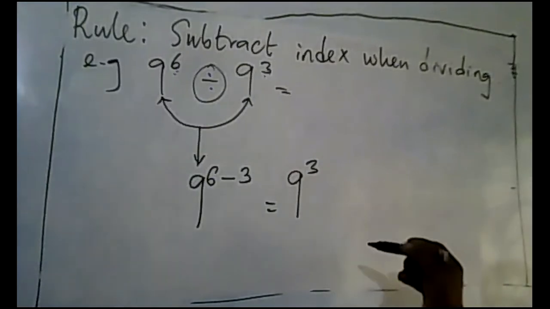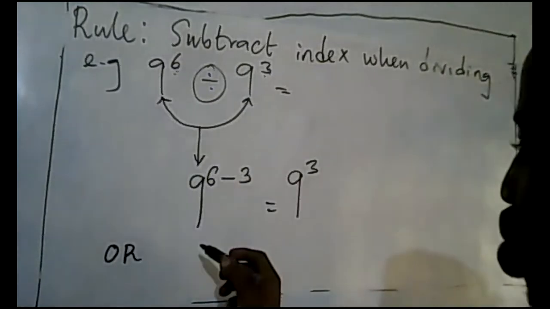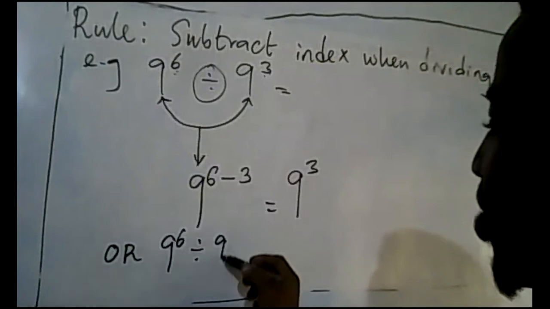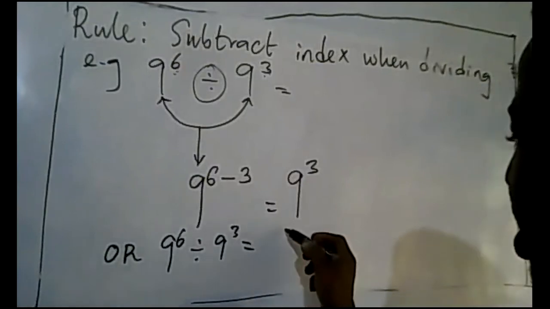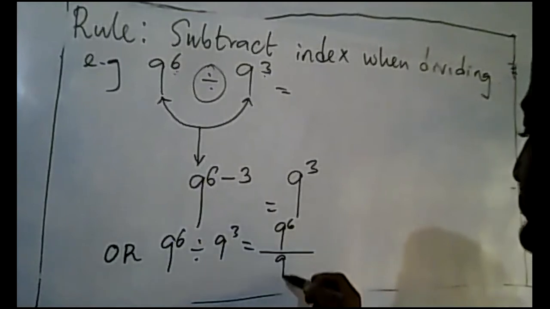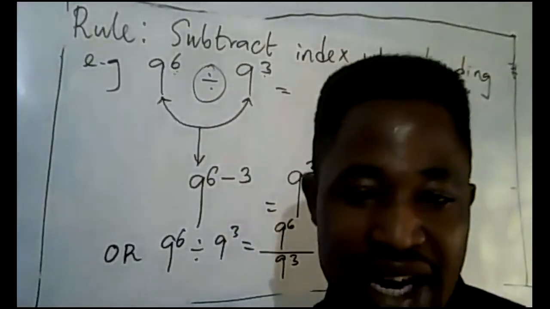Now, you can as well do it like this. You know that 9 raised to power 6 divided by 9 raised to power 3 means 9 raised to power 6 over 9 raised to power 3. And what does that mean? 9 raised to power 6 means 9 in 6 places.